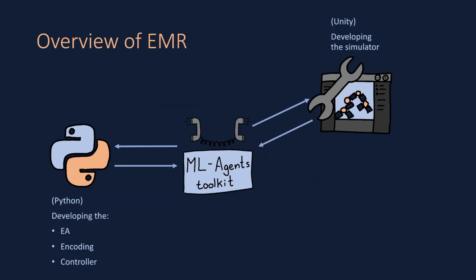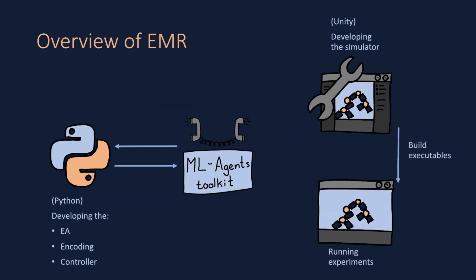But when you have finished developing your simulator, you don't want to keep running it in the Unity editor. So to enable parallelization and so on, you build an executable, and you can then communicate with the executable using the ML Agents toolkit to run your experiments.